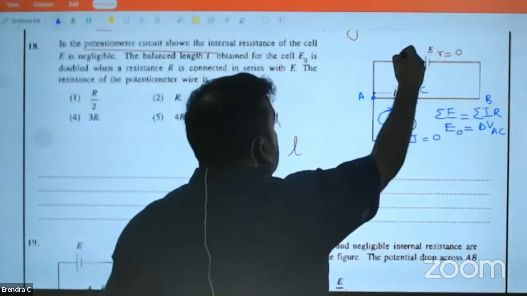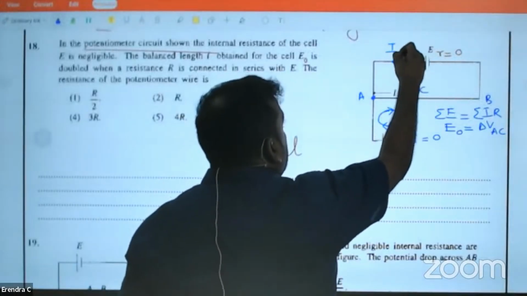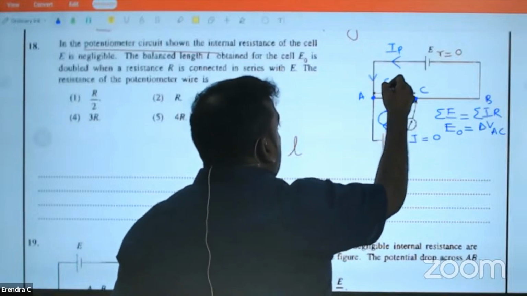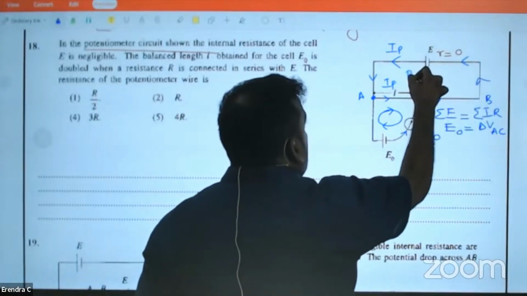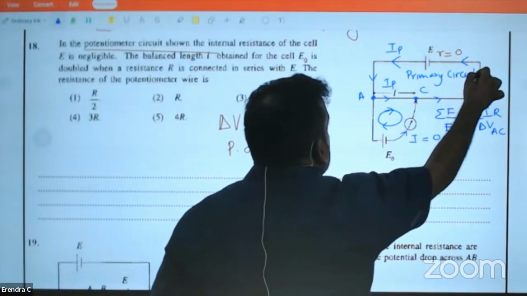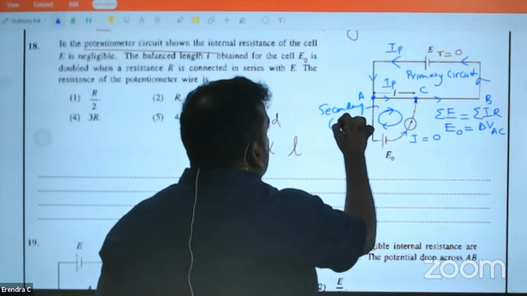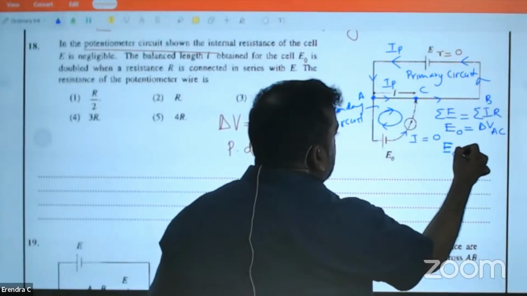The only current is coming from the primary circuit. I'll name this IP. The primary circuit current IP will keep going. This is your primary circuit. This is your secondary circuit.